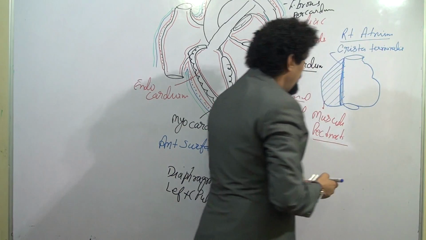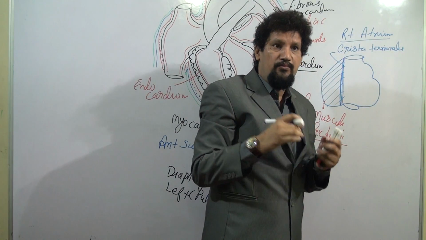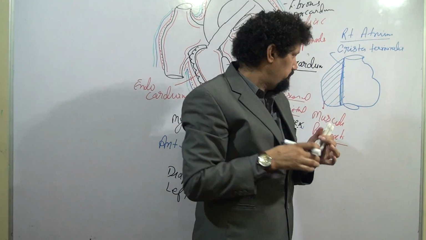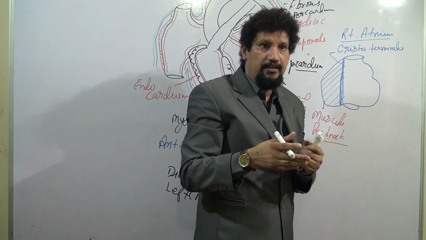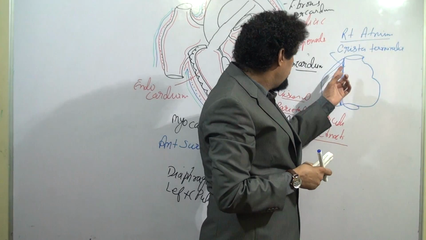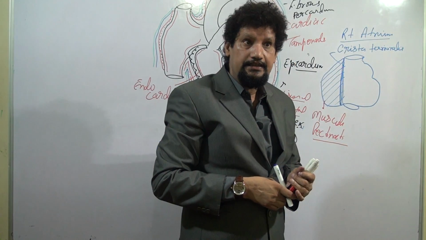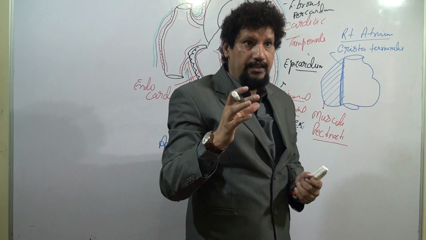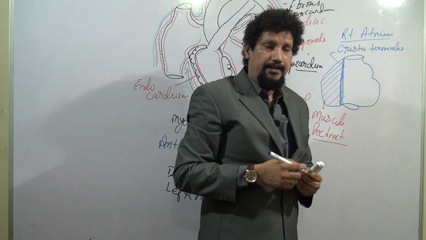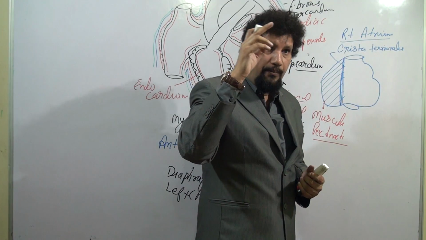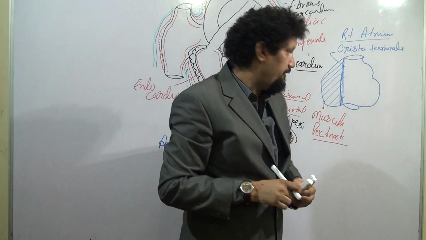And the external elevation formed by this vertical ridge, the external sulcus formed by this crista terminalis, is known as the sulcus terminalis on the outer surface of the right atrium, and it extends from the opening of the superior vena cava to the opening of the inferior vena cava.